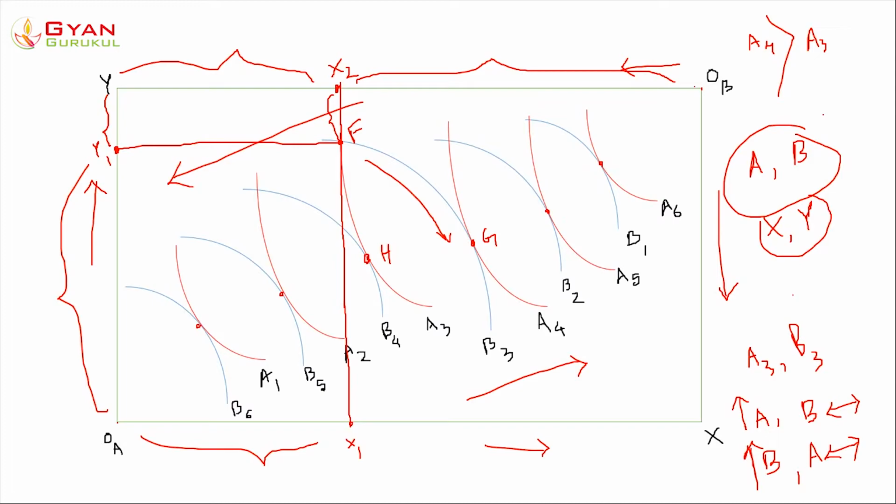Remember, tangent means both touch each other, not intersect. This is the intersection, right? We are not talking about intersection, we are talking about where both curves are tangent to each other. Any point where both curves are tangent to each other, they are the better, advantageous points.